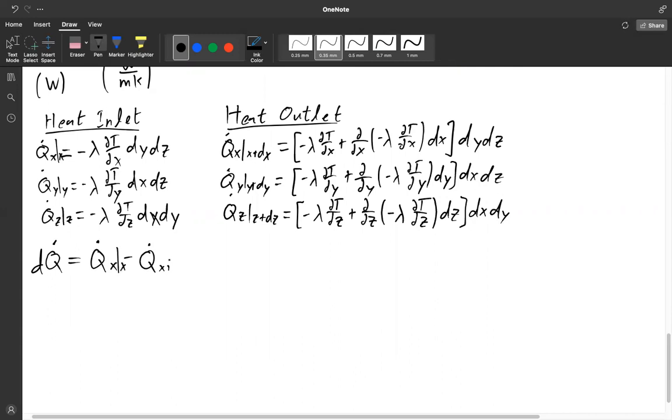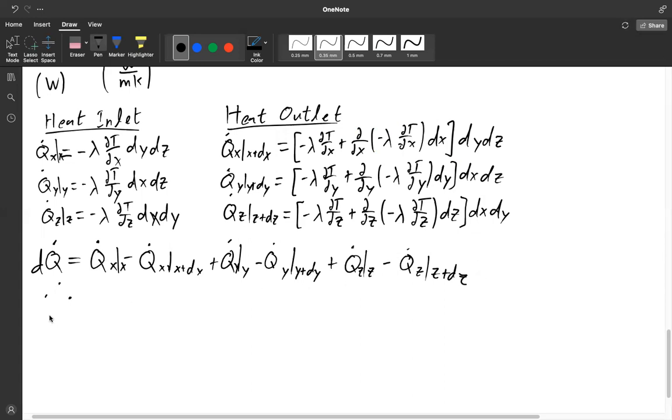Q dot x at x minus q dot x at x plus dx, plus q dot y at y minus q dot y at y plus dy, plus q dot z at z minus q dot z at z plus dz.